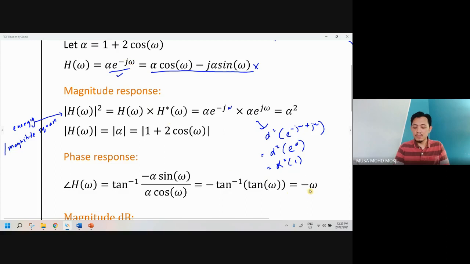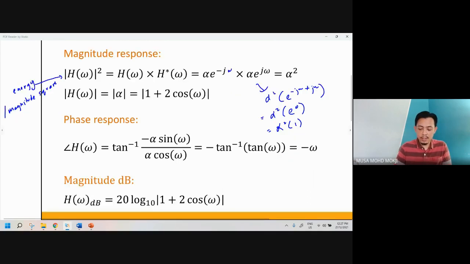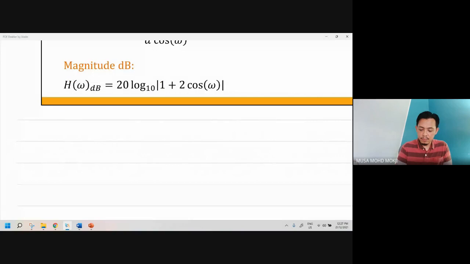Okay, so let's say we have another example. 0, 1, 2, 3, 4. Let's say this is 2, 1, 1, 1, and then 2.